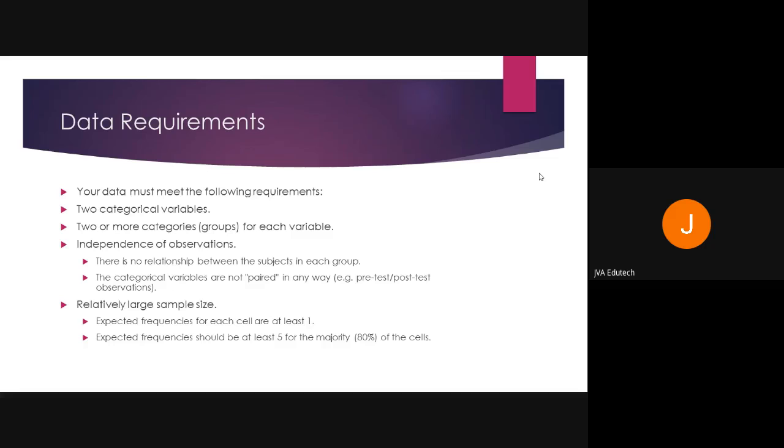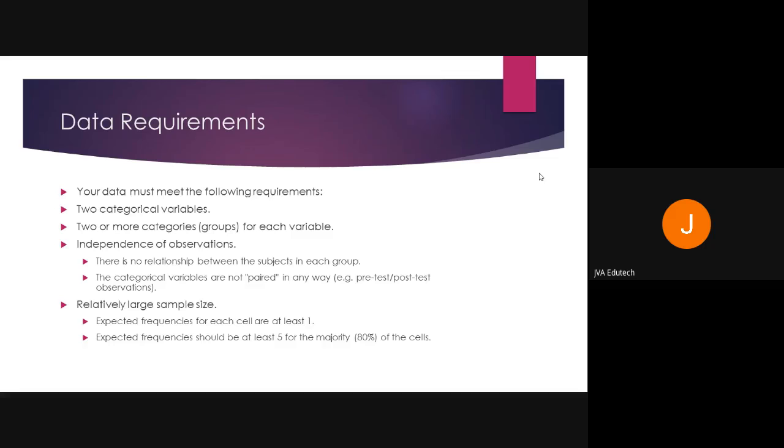Like I said, there are two categorical variables, smoker and cancerous. Among these, you have two categories. One category is smoker, and the other is non-smoker. In the other variable, you have cancerous and non-cancerous.